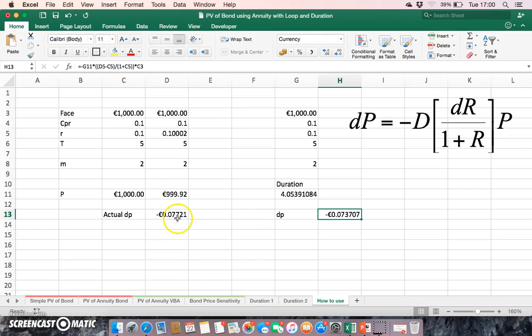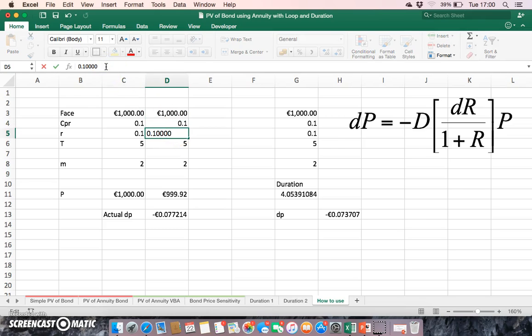So 1, 2, 3, 4, 5. 1, 2, 3, 4, 5, 6. Okay, so for an even smaller change in the interest rate again, so 0, 2 again, okay, it becomes somewhat more accurate.